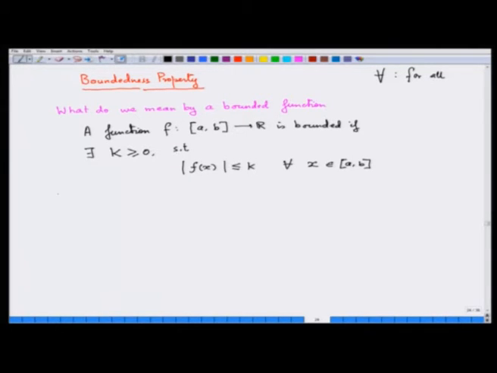A very important conclusion which comes out of this intermediate value property and the fact that intervals are mapped to intervals is that if f is a continuous function from [a, b] to R, then f is bounded on [a, b]. That simply means exactly the fact that we have just written.